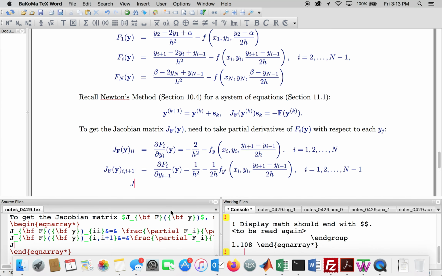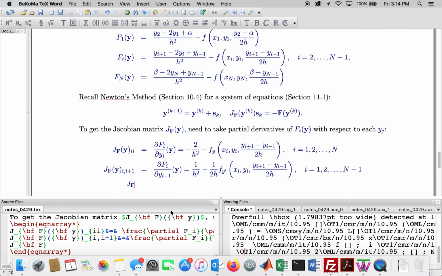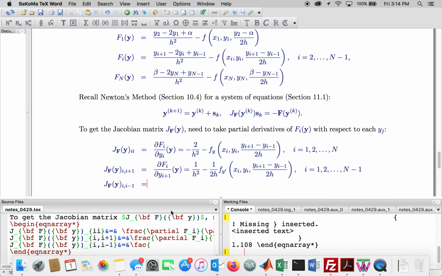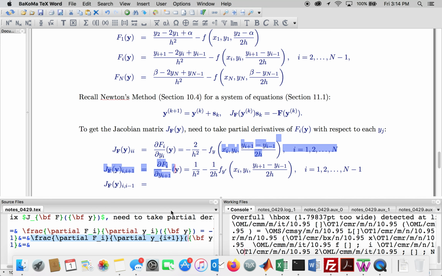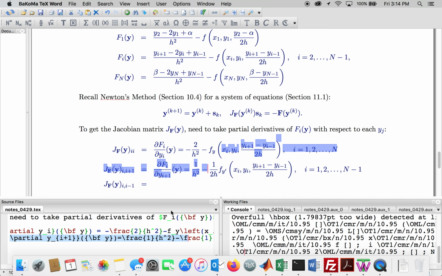And finally, for the subdiagonal, so i minus 1, it's going to be very similar to this. So I'm just going to copy and adjust.